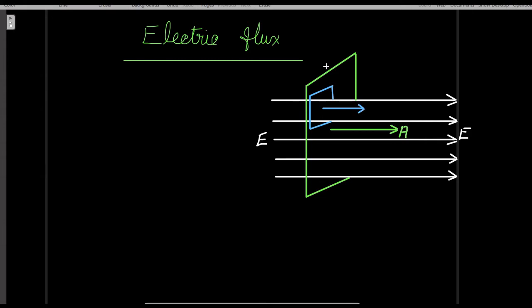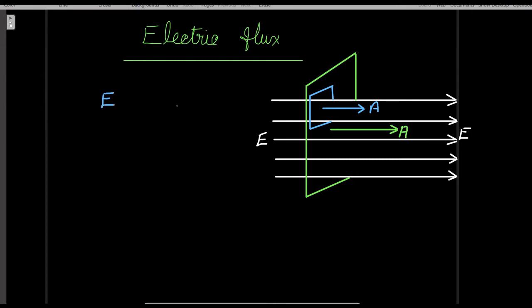In the same surface, I considered a unit area, and this is the area vector which is represented by A. Now through this unit area, what is the total number of field lines crossing normally? That is represented as electric field.